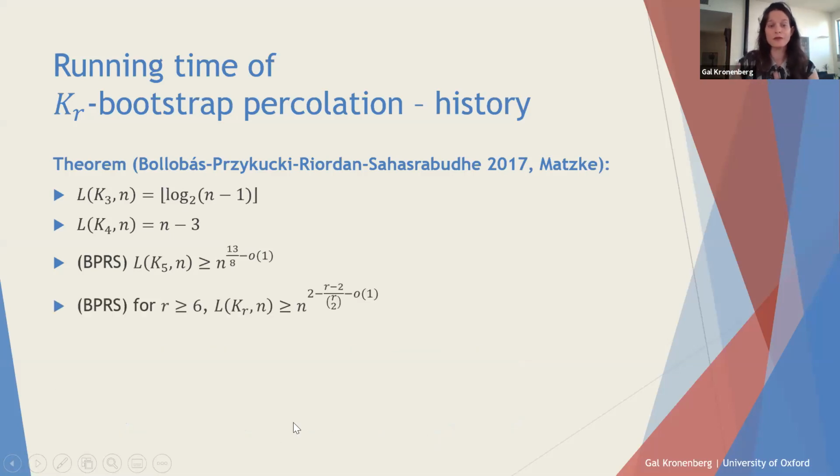And actually for every value of r, they showed that it's going to be n to the power of 2 minus (r minus 2) divided by (r choose 2), minus little o of 1.